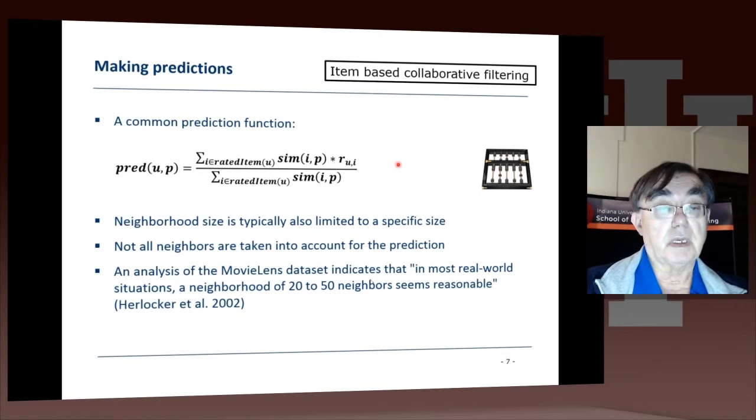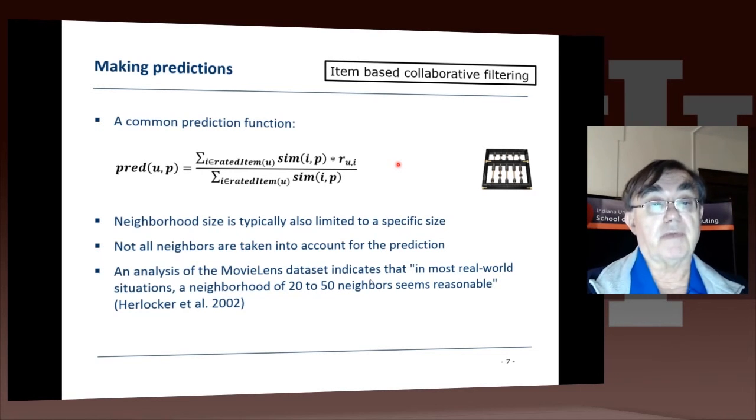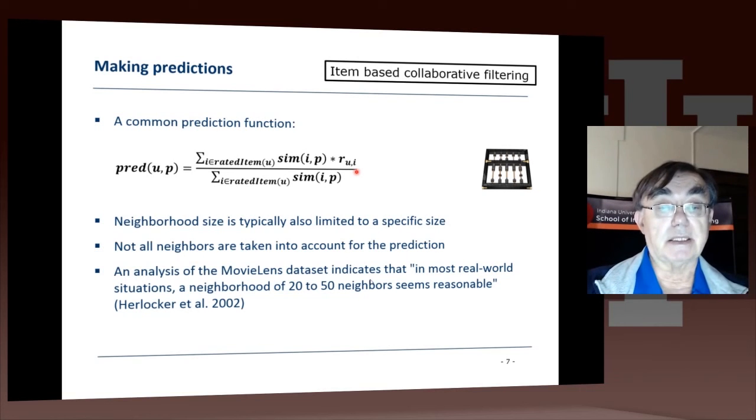And so we have the sum here over the users who have rated an item I. And then we have the similarity between I and the thing we're trying to predict times the rating of this user for I. And then we divide it by the sum of those similarities without the rating. And then we only do this over a neighborhood size. And that's where the nearest neighbor comes in.